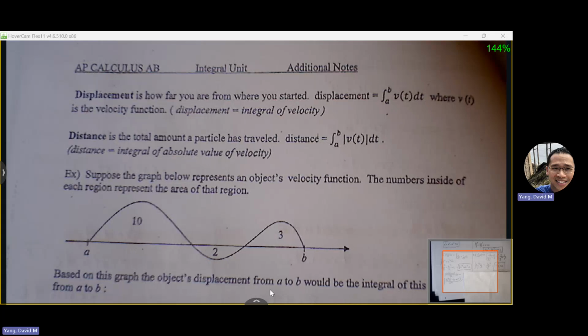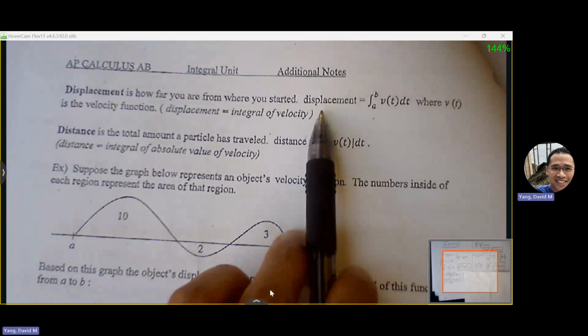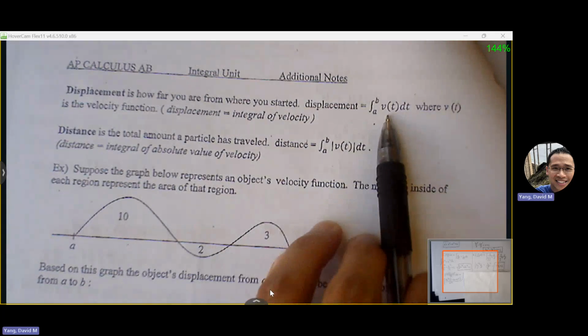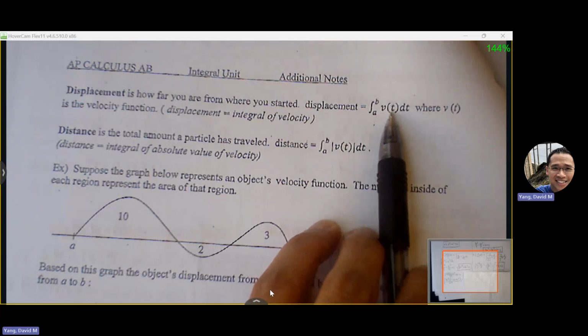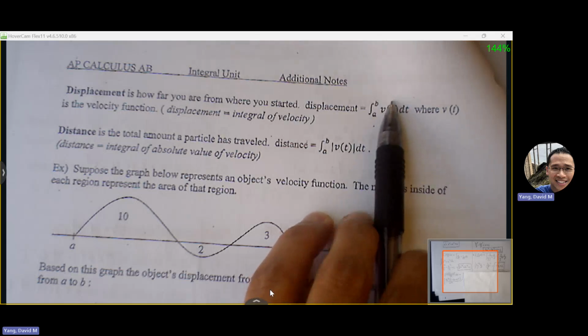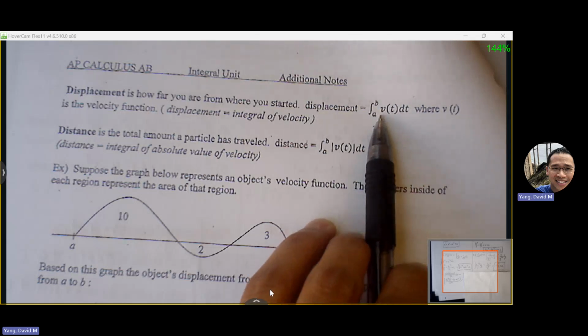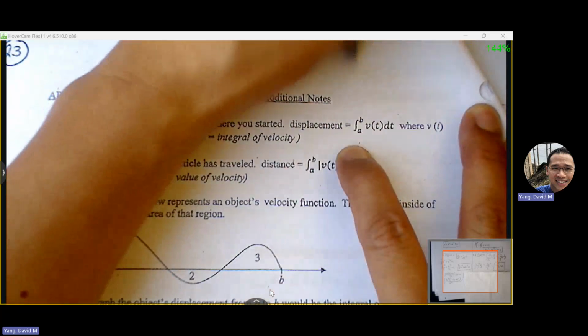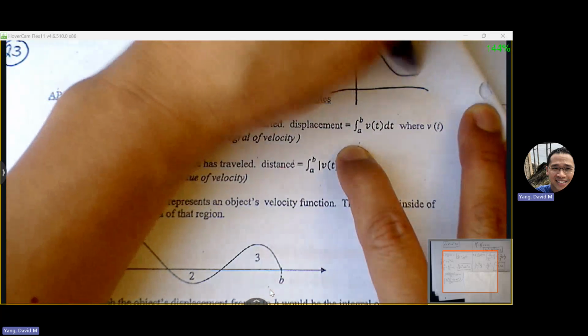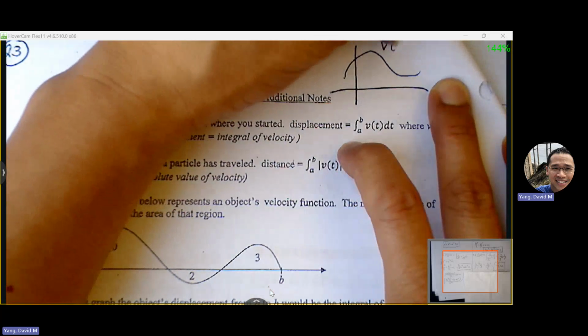So displacement is how far you are from where you started. Displacement is just the integral from a to b of v of t. Right now, you just have to understand that an integral gives us information about the area under that graph.